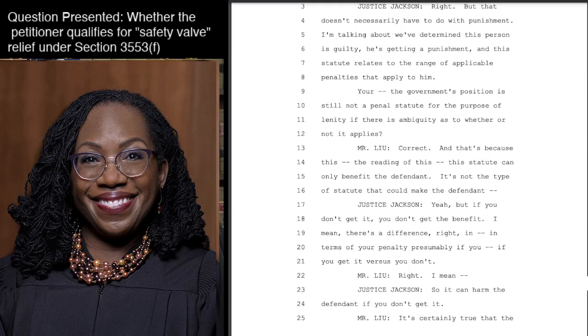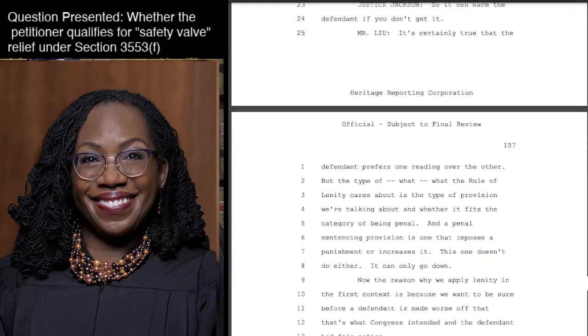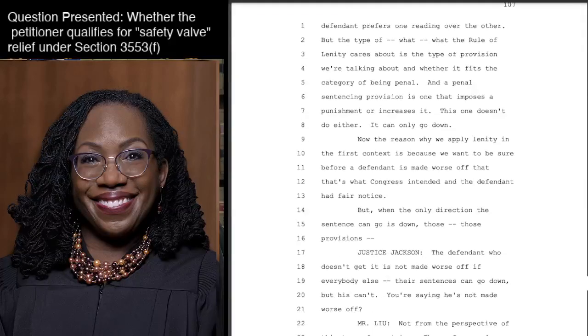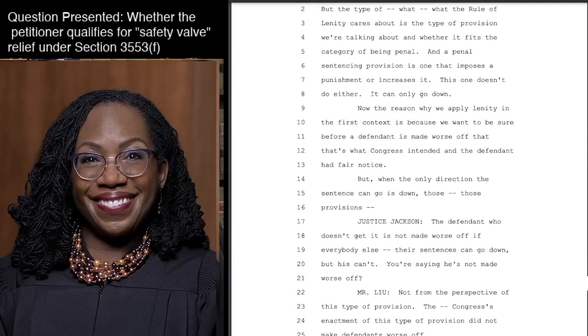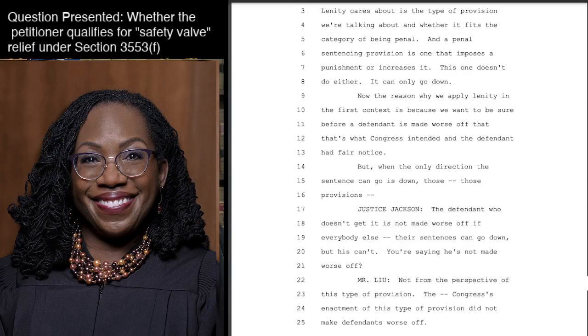I mean, there's a difference, right, in terms of your penalty, presumably, if you get it versus you don't. Right. So it can harm the defendant if you don't get it. It's certainly true that the defendant prefers one reading over the other. But what the rule of lenity cares about is the type of provision we're talking about and whether it fits the category of being penal. And a penal sentencing provision is one that imposes the punishment or increases it. This one doesn't do either. It can only go down.